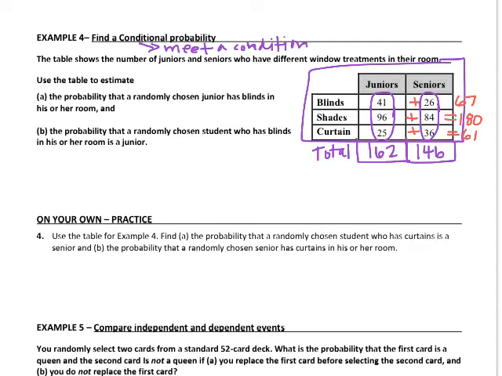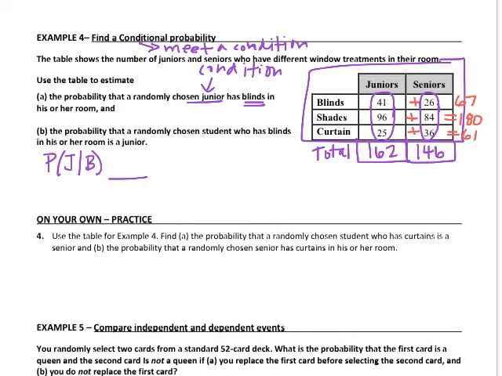So our task is to use the table to estimate the probability that a randomly chosen junior, so here's the condition, first of all, the student has to be a junior. So we're looking for that condition. And they also have to have blinds in his or her room. So how many students that are juniors? Well, you first have to be a junior, and then you have to have blinds.